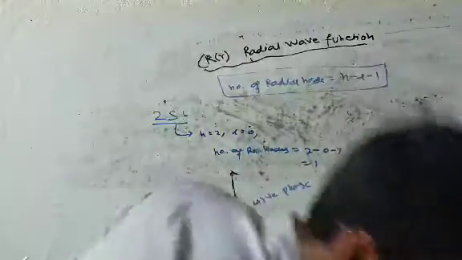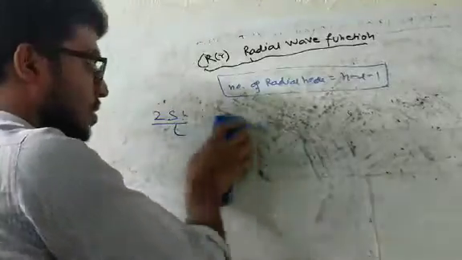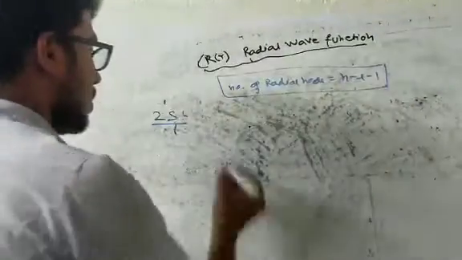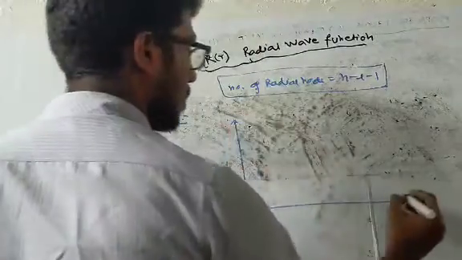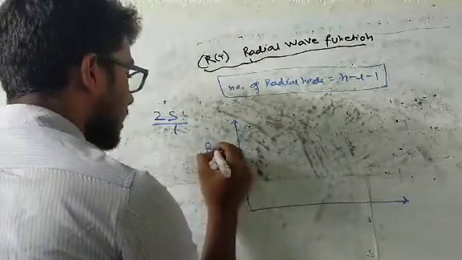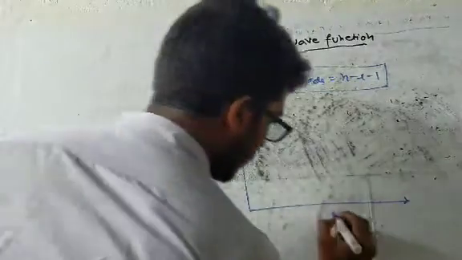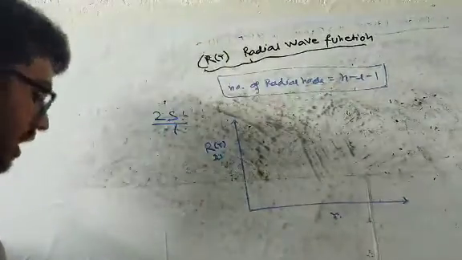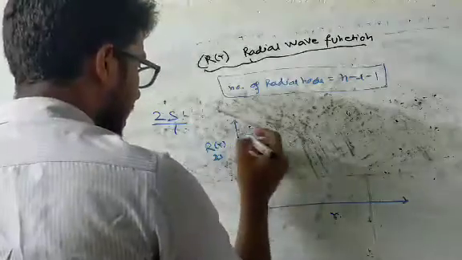I will draw the curve again clearly. Let's say this is R(r) 2s and this is r. My graph should start from the y-axis, like here.